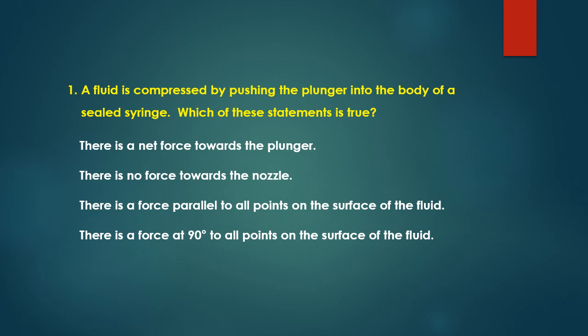Whenever we are applying a pressure by pushing something, the force always acts at 90 degrees to all points on the surface of the fluid. So keep that in mind. The force always acts at 90 degrees if you are creating a pressure.